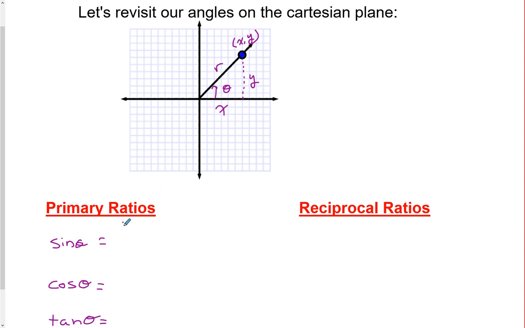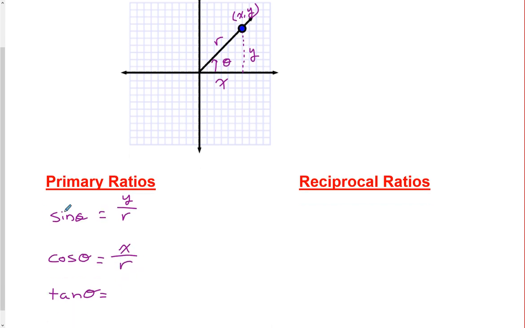Well, the opposite side of my triangle is y, and the hypotenuse is r. Cosine is adjacent over hypotenuse. So I'll put it as x over r. And tangent is opposite over adjacent. So I've written my sine, cosine, tan ratios relating them to this triangle on my coordinate plane.